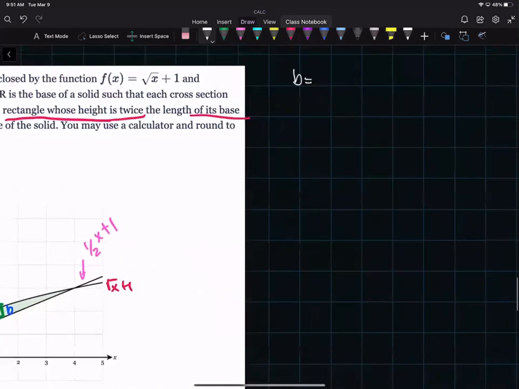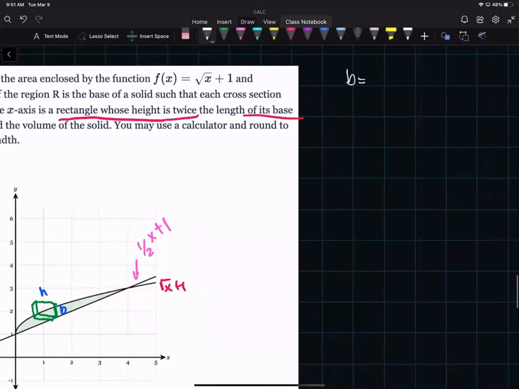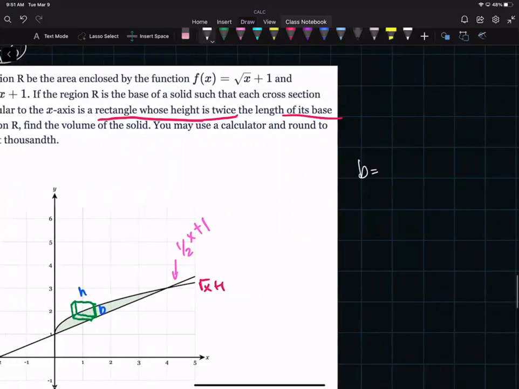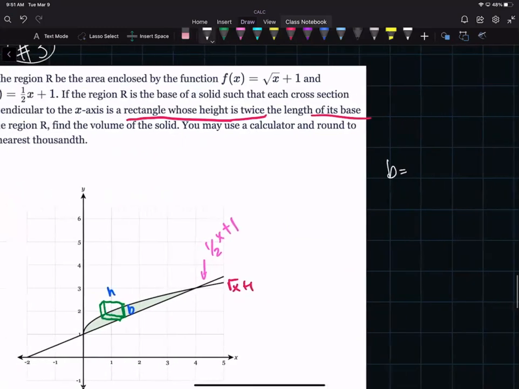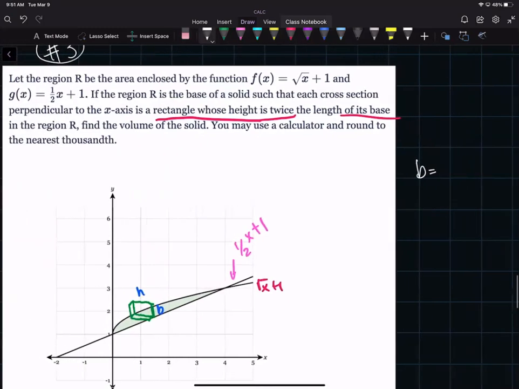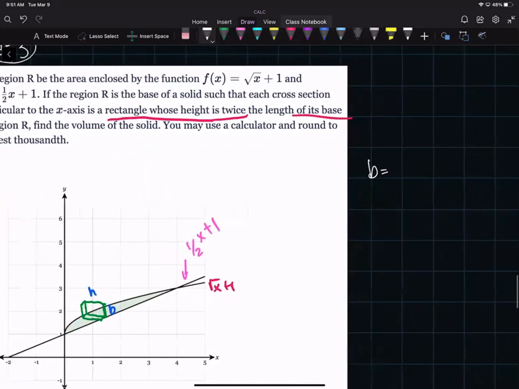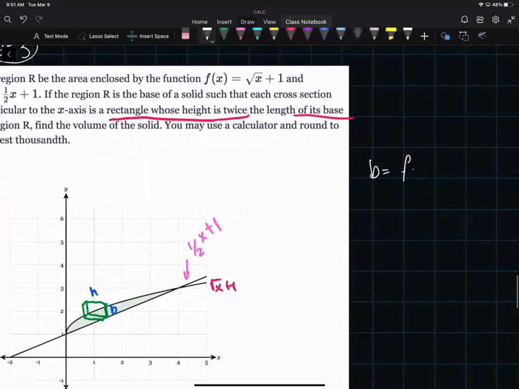I have a couple of answers, but come on, let's get more. What is the base? In this case, it's going to be f minus g, right? Because it's the top minus the bottom. So f is on top. So f minus g.